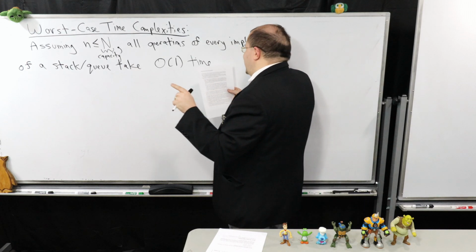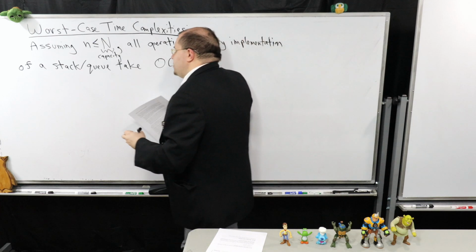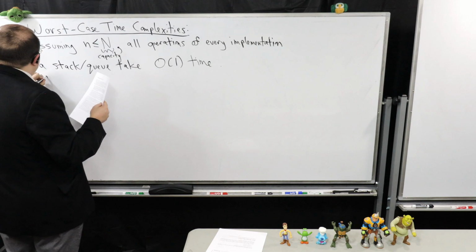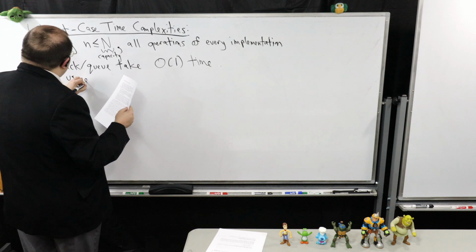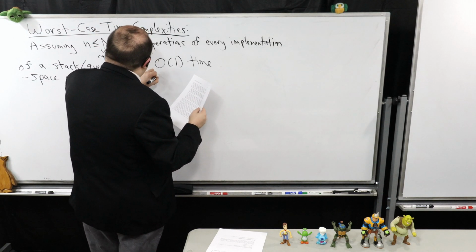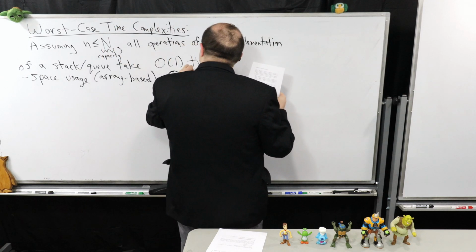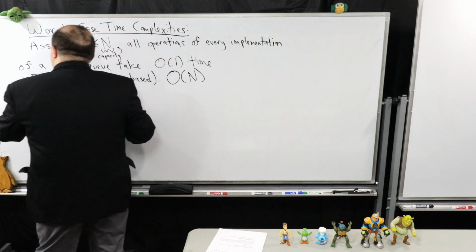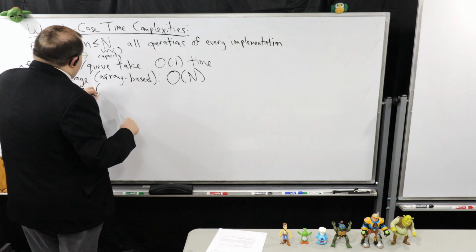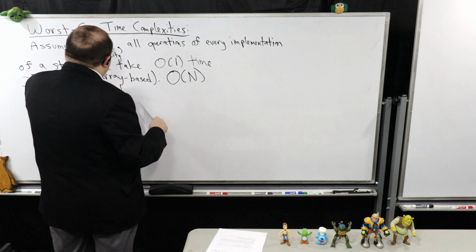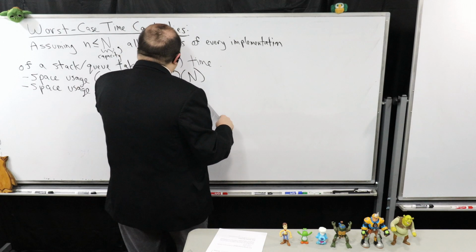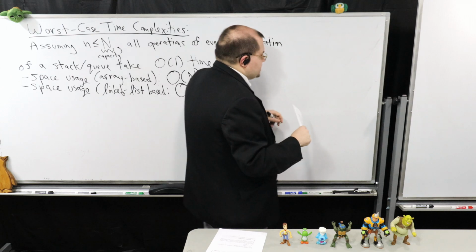So I must stress two things. Under this assumption, the space usage for all the array-based implementations is big O of capital N. And the space usage for the linked-based ones, or the linked list-based ones, is big O of lowercase n.